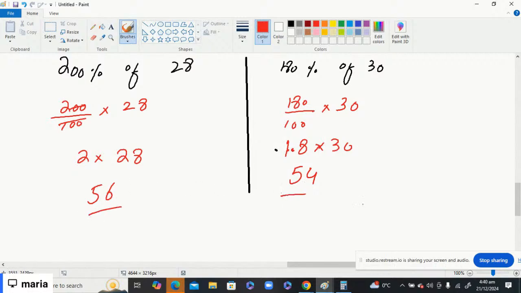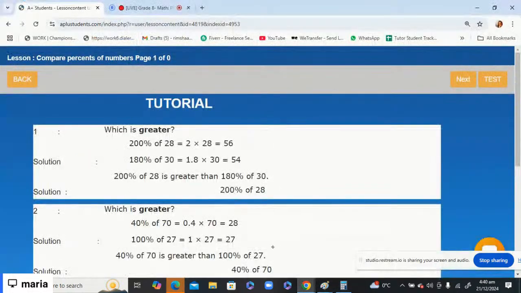So which one is the greater? 200% of 28 is greater as compared to 180% of 30.